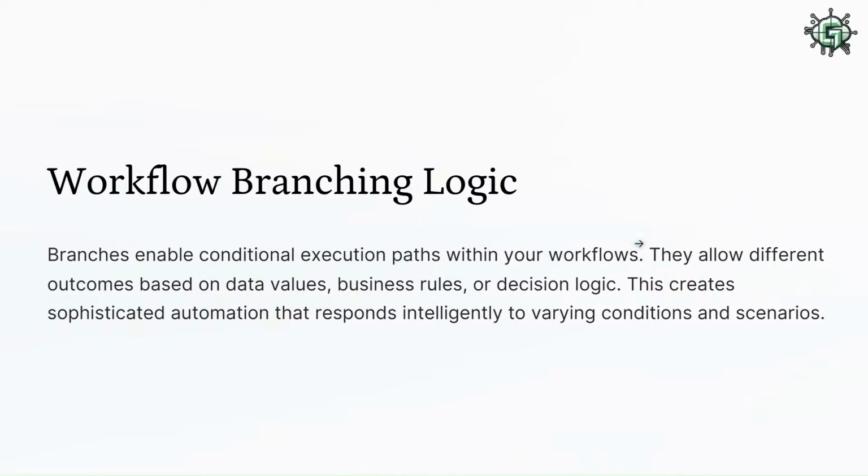Sometimes a workflow needs to make decisions or take different paths, right? So here comes logical branching, or branching the logic, allowing your automation to adapt intelligently based on a decision, like if-else, based on some conditions.